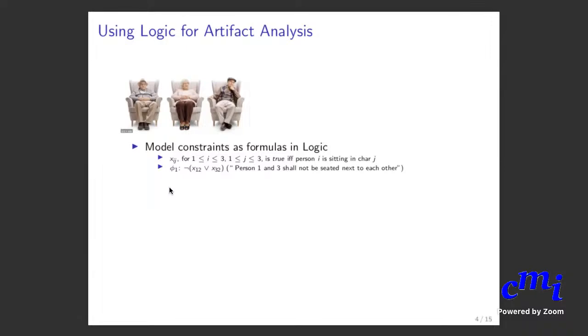Is it correct? Yes. 1 and 3 shall not be seated next to each other, which is basically saying that 2 has to be at the center. That's what this formula is saying.